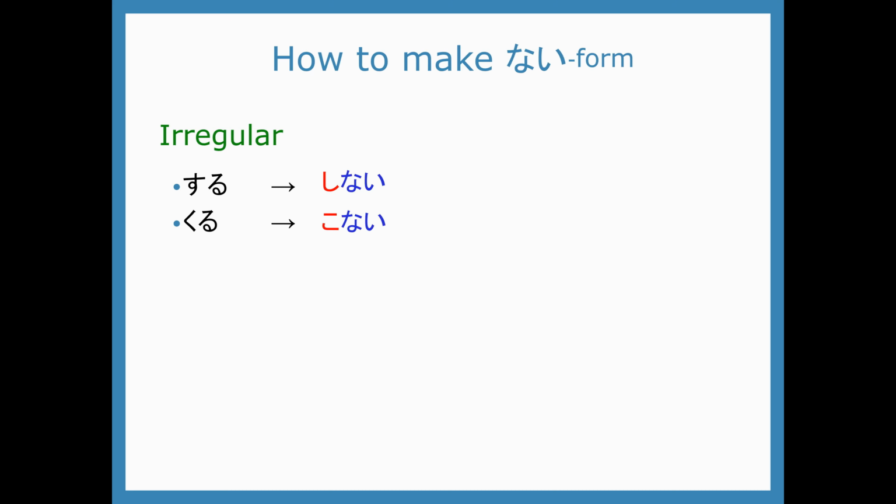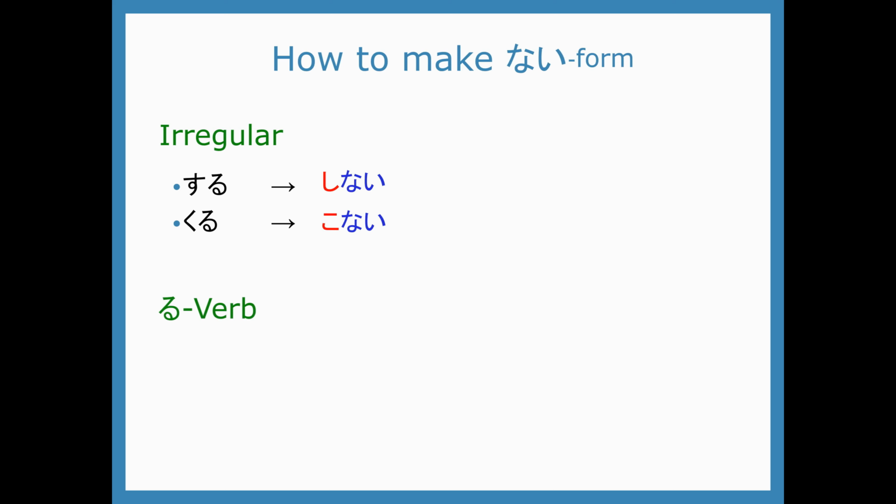This suru, shinai, kuru, konai is also going to apply to any of the verbs that have suru or kuru as the verb that's part of them. So for example, benkyou suru, benkyou shinai. Denwa suru, denwa shinai. Motte kuru, motte konai. Tsurete kuru, tsurete konai.